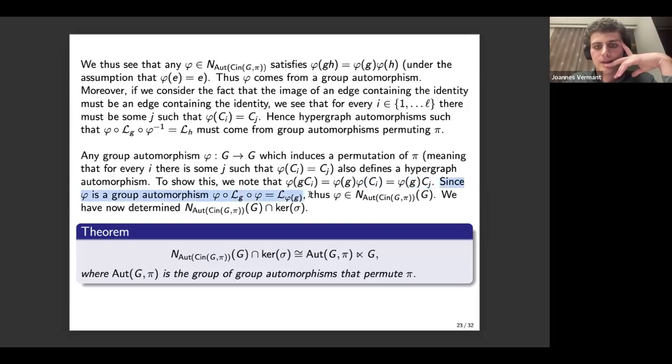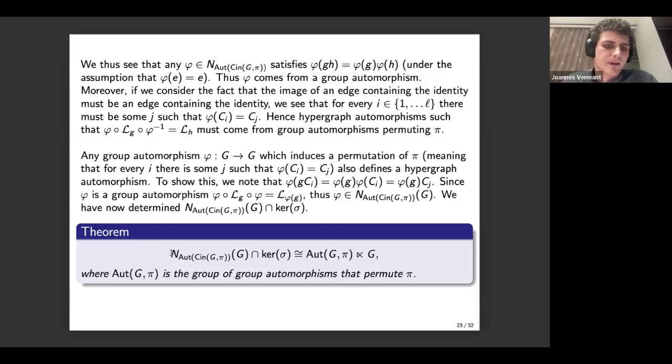And by using this relation, which still holds, we see that it's also in this normalizer. And then this shows that we have determined those elements in the normalizer that don't swap these parts. So they're in the kernel of this sigma.